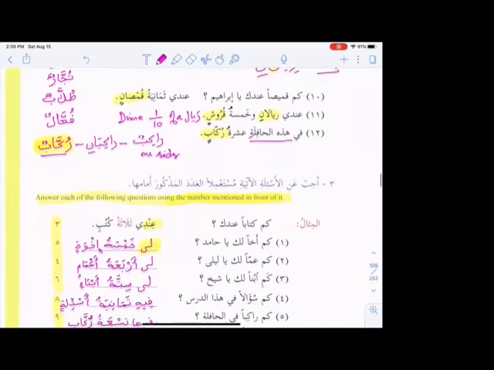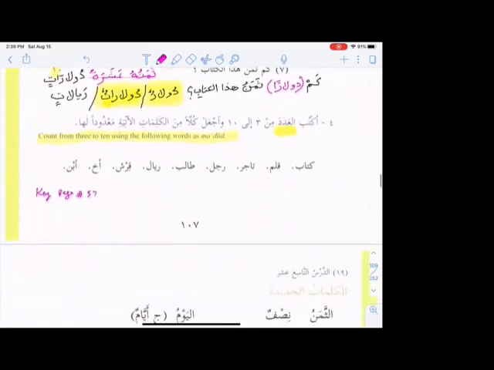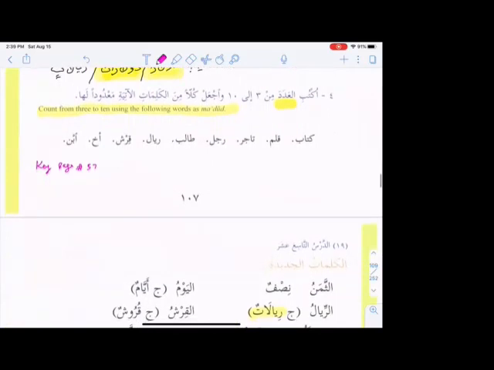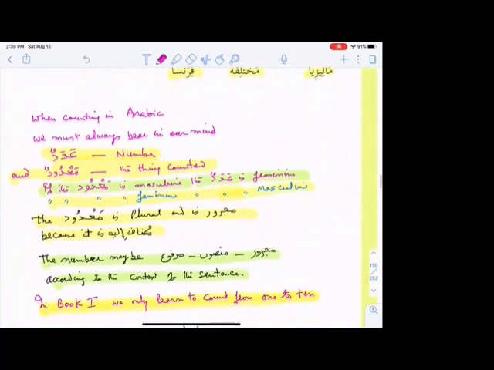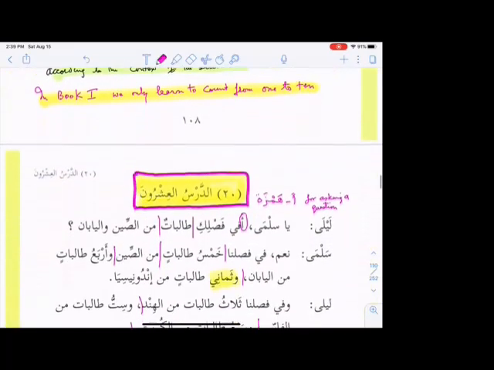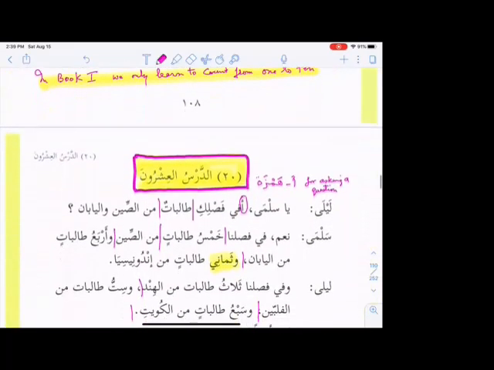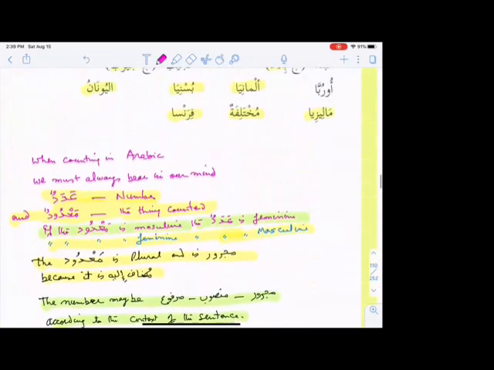So in lesson number 19, we started counting masculine. Now we are going to do lesson 20, and the counting is feminine. So let me tell you briefly how it works.